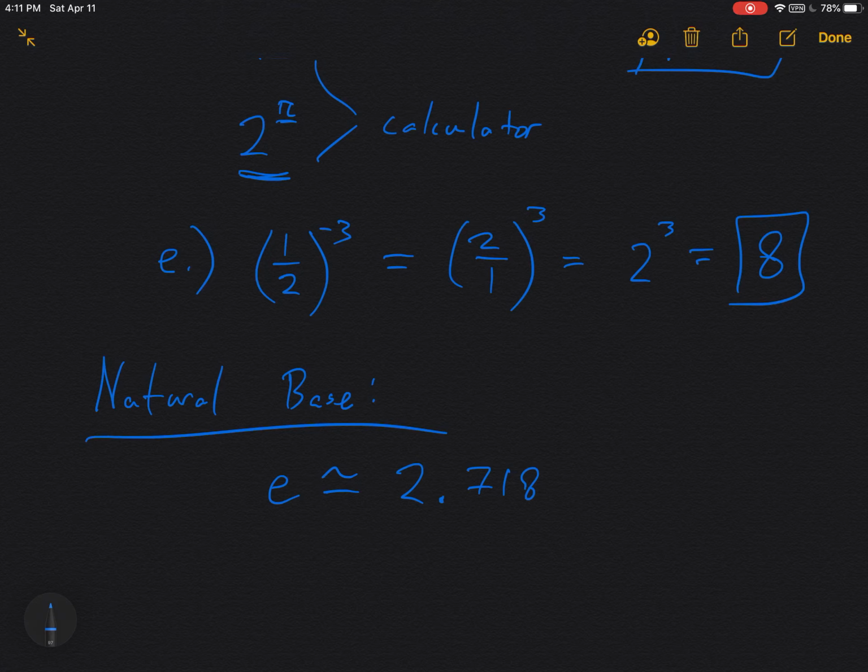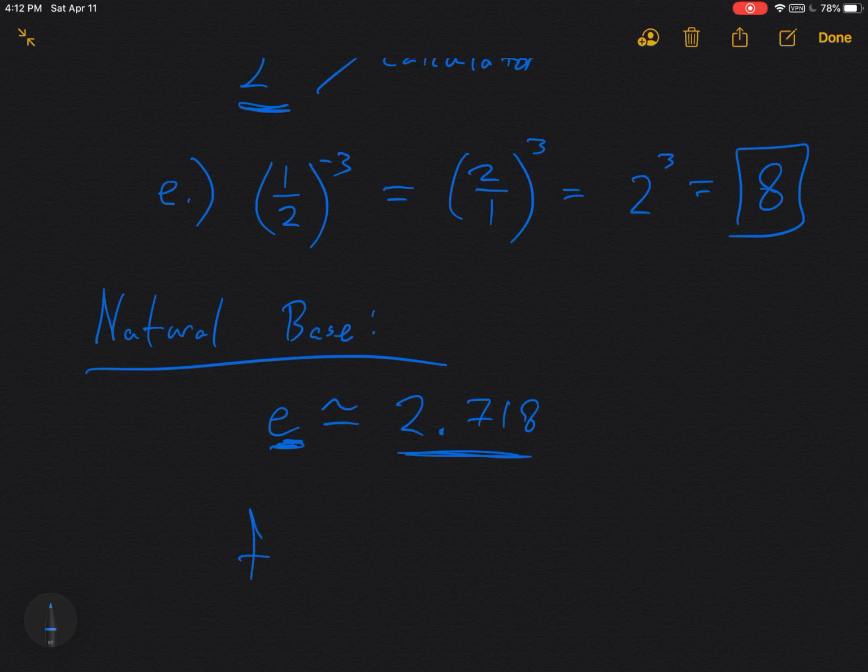For now, I can't really justify to you why this is such an important base. For now, I just want you to know that this is a natural base to consider whenever you talk about exponentiation, and the number that it represents is around 2.718. So this is just a constant, but it's a constant that shows up naturally if you're doing something like calculus.